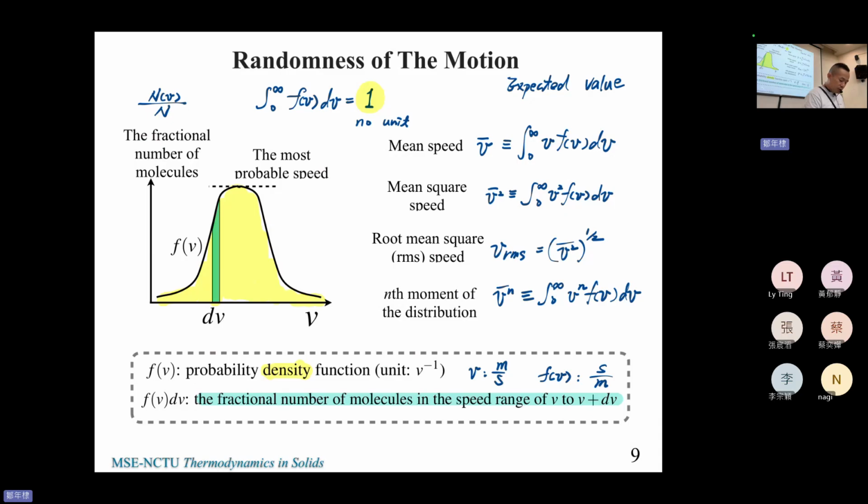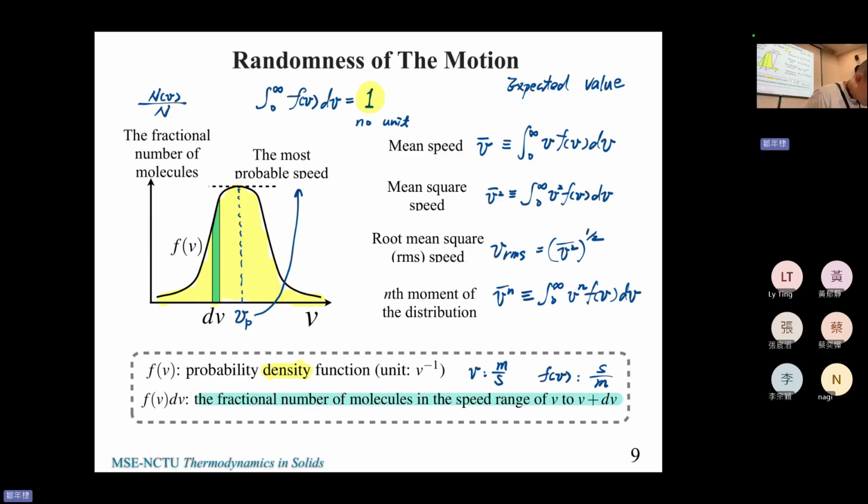All right. Another thing I forgot to tell you, this point is the most probable speed. Should I say P? I don't know. And this is the most probable speed, because there's the highest chance here.